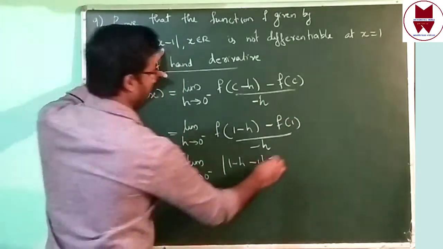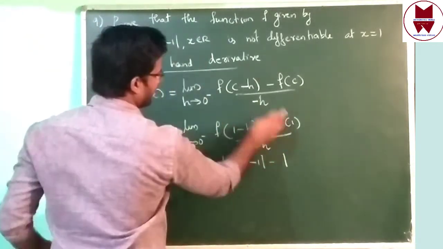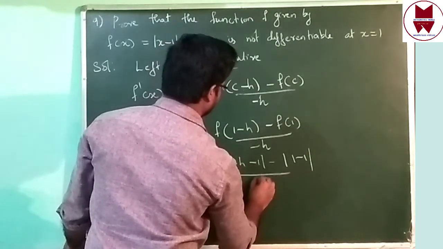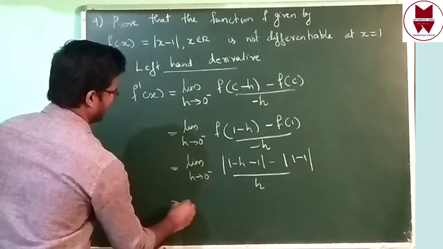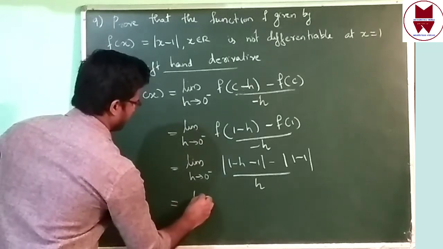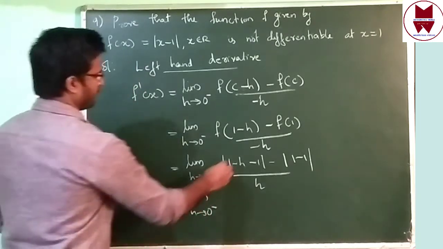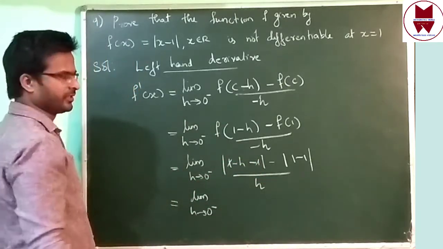Again use the same formula. x means what? That is 1. 1 minus 1 divided by h equal to limit h tending to 0 minus, 1 minus 1 plus 1, that will be 0, isn't it?